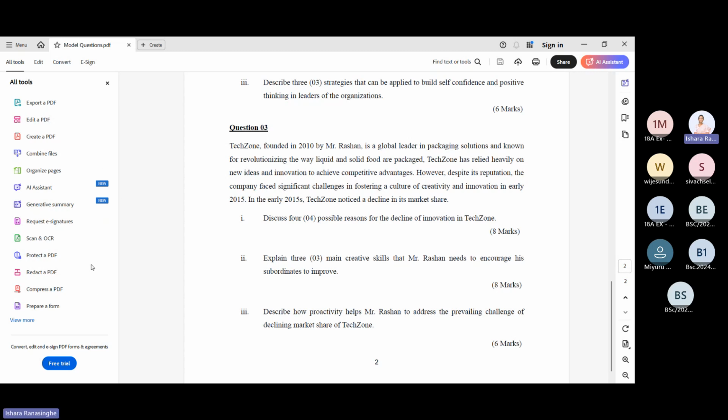Ideation, visualizing, thinking, or visualization. It's from here, put it. Ideation, problem solving, adaptability, visual thinking. Right? Here there are 4 creative skills. Out of these 4 skills, you can write down 3.